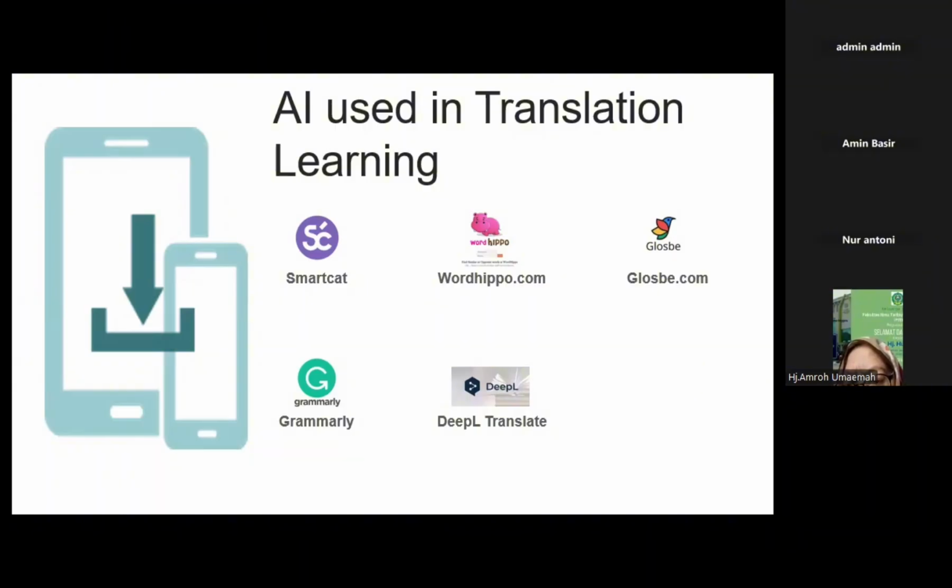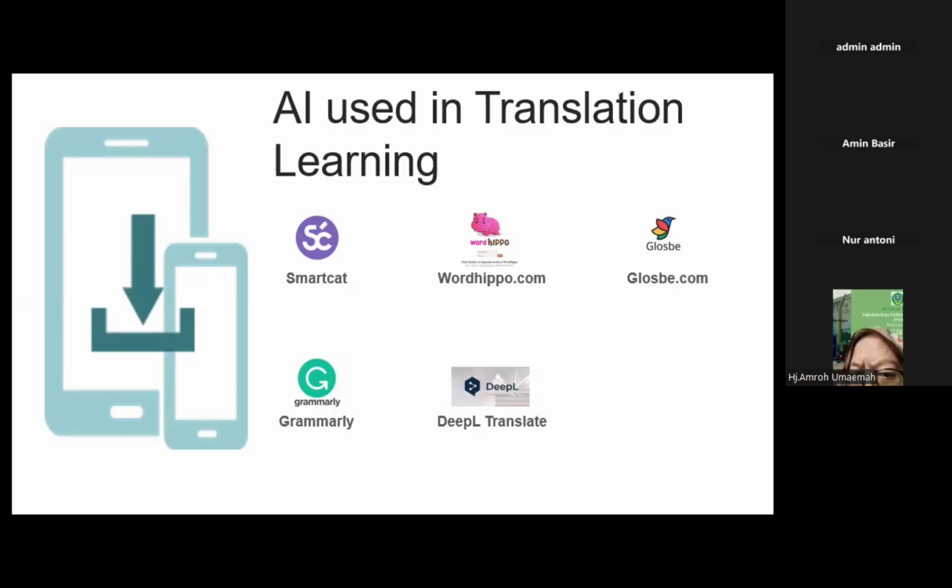And most of the students are already familiar with this, so it's not too challenging to use the tools. And then another system is from DeepL Translate. However, DeepL itself is already implemented in SmartCat.